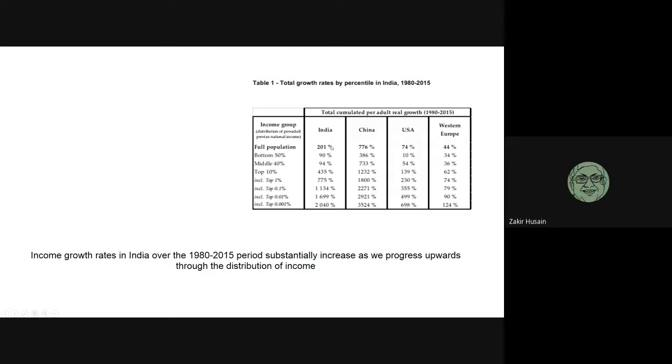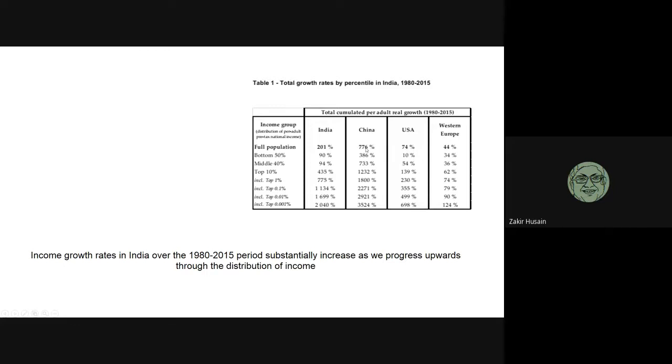In India, between 1980 and 2015, per capita income has gone up by 201%. In China, it is huge, 776%. But both of these are much higher than what has happened in the US and Western Europe. Per capita income has gone up in the US and Western Europe, but by a much smaller proportion.